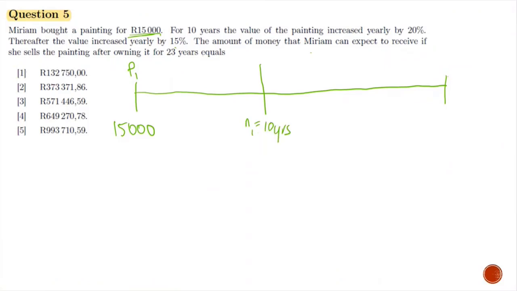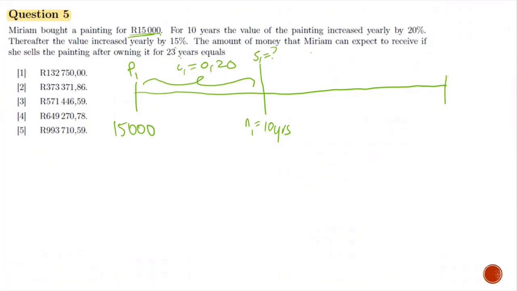For 10 years, this has grown. Your interest rate in this period is 20%, so your I1 is equal to 0.20. Obviously, it would have accumulated to a specific amount. This is only for this period.